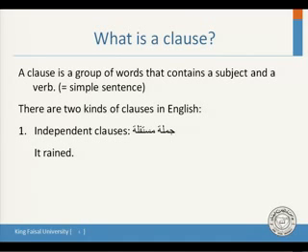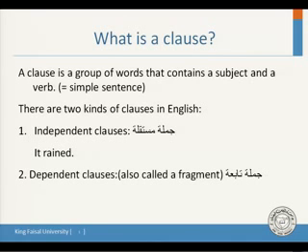It's the same, different names. And we also have dependent clauses. What is a dependent clause? Okay, because it rained. Because it rained is a dependent clause.